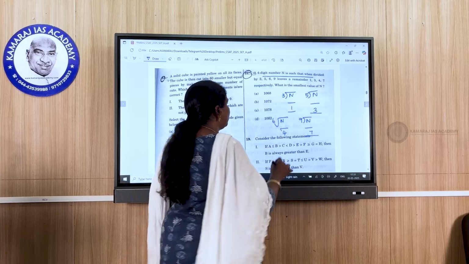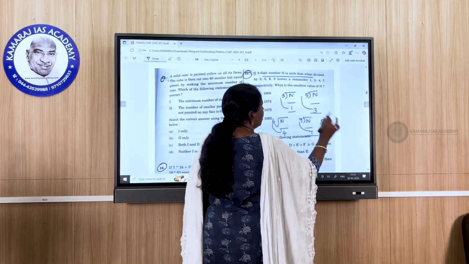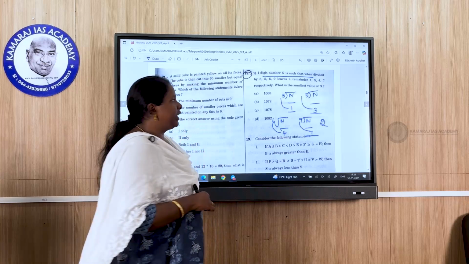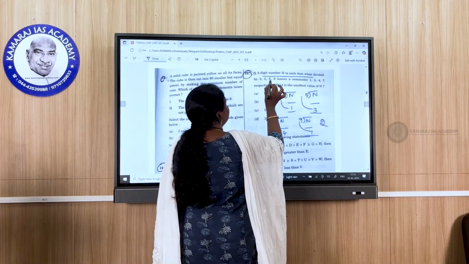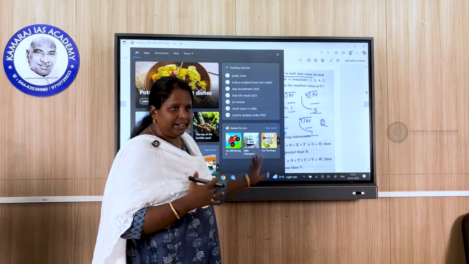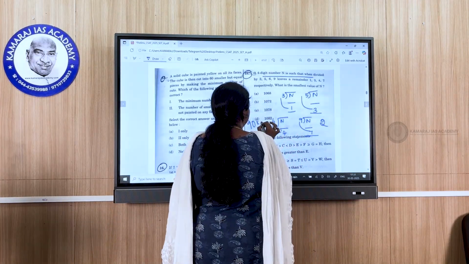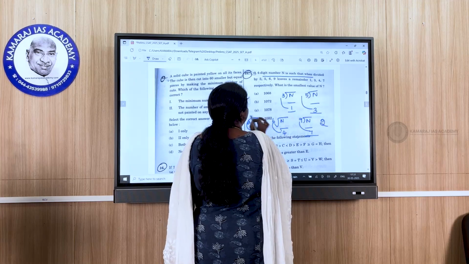So I have already told you in the class, see the common difference between these numbers. They are the same, right? So take the LCM of 3, 5, 6, 9, it is nothing but 90. So when I multiply with 90k, what is the nearest 4-digit number I will get?